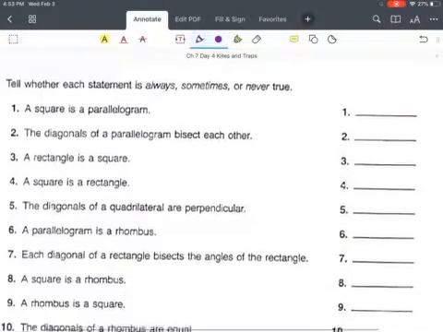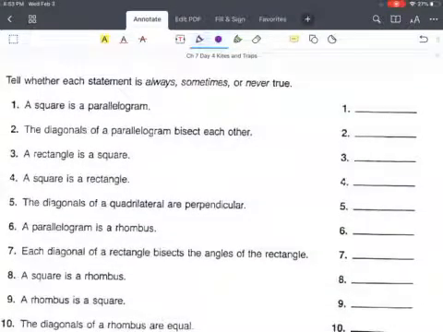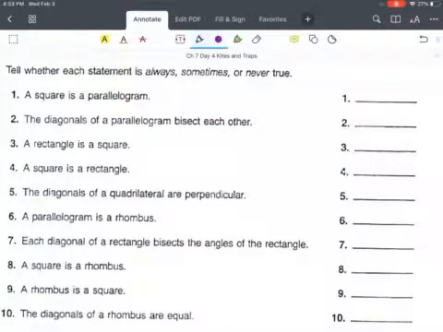For these next few statements, looking over if these are always, sometimes, or never true. Remembering our diagram of our quad properties, is a square a parallelogram? Yes, no, or sometimes.